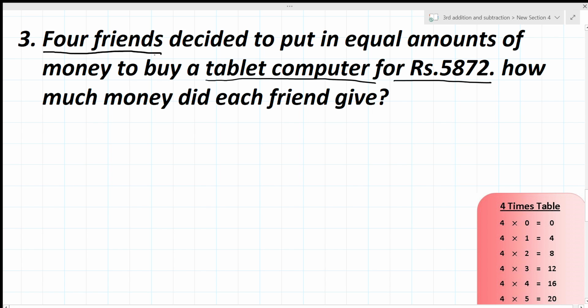So number of friends is 4 and the total cost of a computer is 5,872. We want to find how much money did each friend give. Listen, each friend, that is, we have to find out how much a person should give. 4 of the friends have paid 5,872.